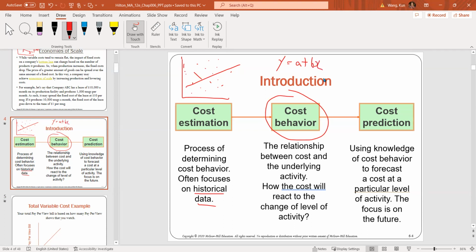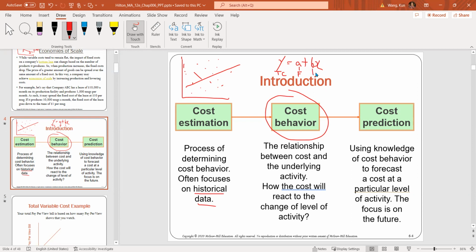Y is the total cost I am trying to analyze, and A is normally your total fixed cost. X is the cost driver, for example, your sales volume or the mileage driven by the car.